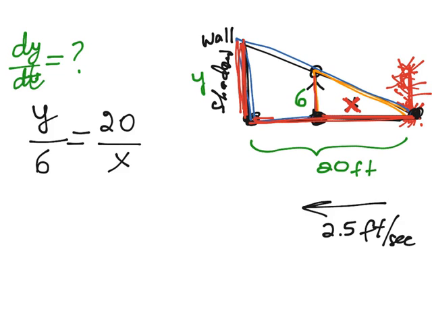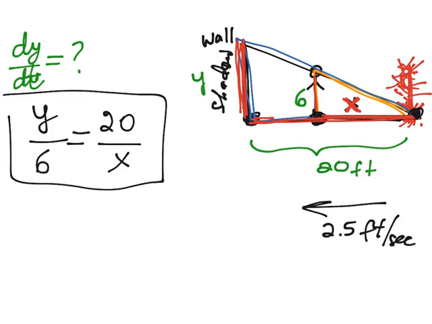Now we want to find dy/dt, so from this proportion you want to solve for y. If you had to find dx/dt, then you would solve this proportion for x first, because I'm going to differentiate.